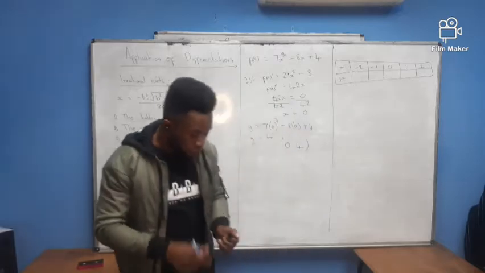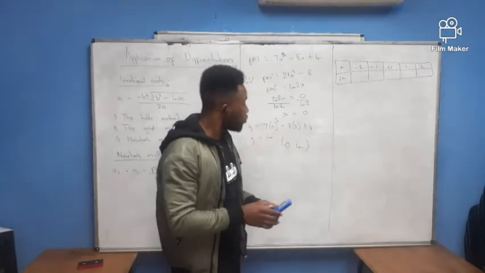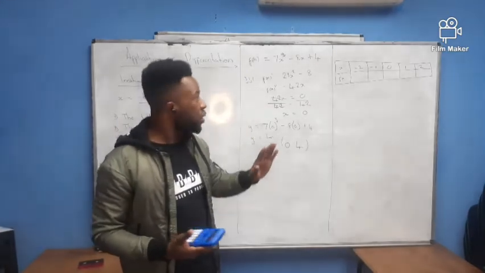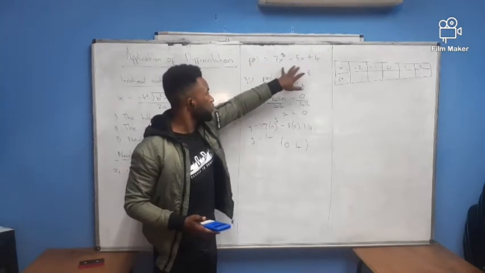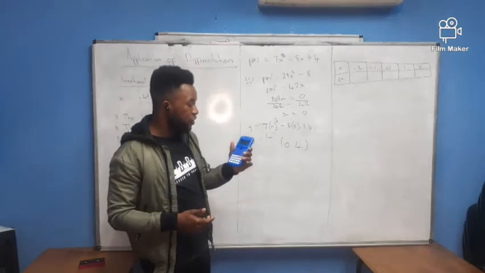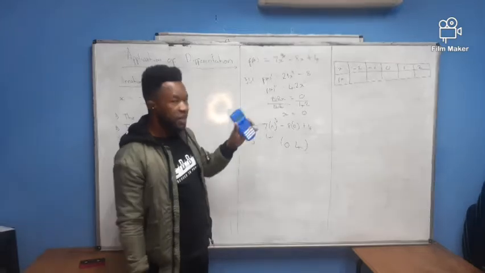So guys, in order for you to get these points, I'm just going to use my calculator to get those values, to get my table. I'm just going to punch in the whole equation, the original equation. On your calculator, you press mode, and then you choose number 3, which is the table, and it gives you f(x).